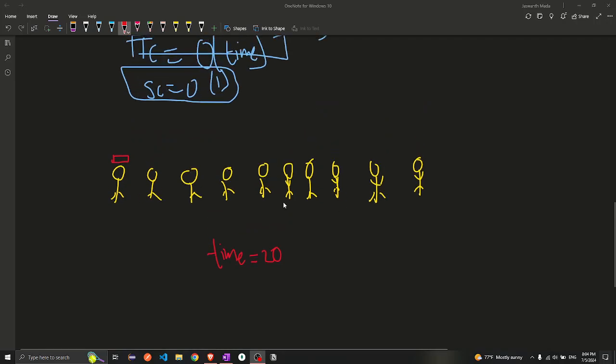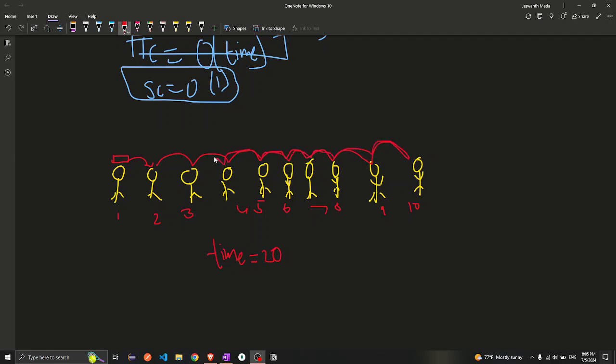So basically we have 10 people: 1, 2, 3, 4, 5, 6, 7, 8, 9 and 10. Now initially the pillow is at the initial guy, right? And at the first second I'll be here. 2, 3, 4, 5, 6, 7, 8, 9, 10, 11, 12, 13, 14, 15, 16, 17, 18, right?